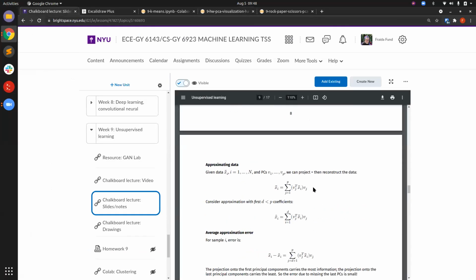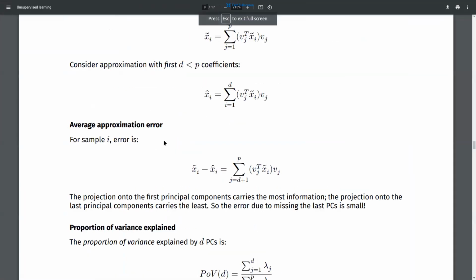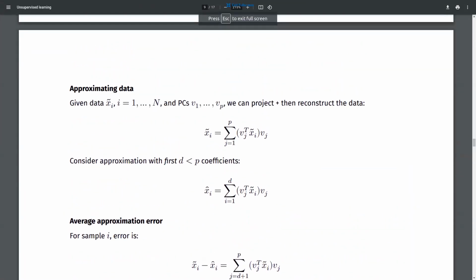Well, remember from here that we decompose the image by computing this: V transpose times the mean removed image.